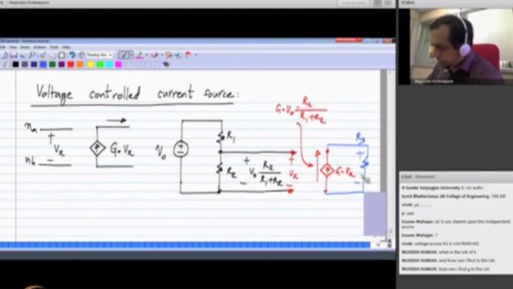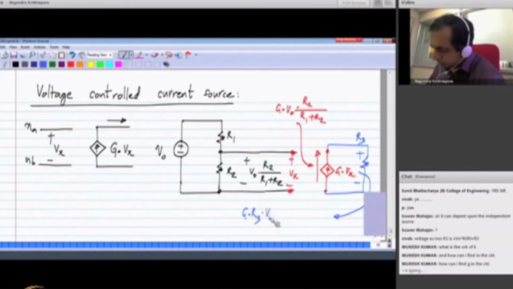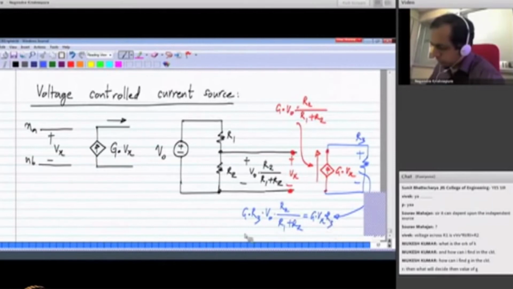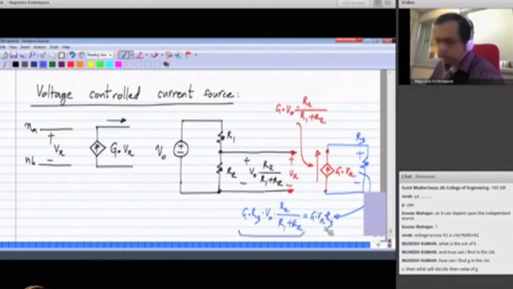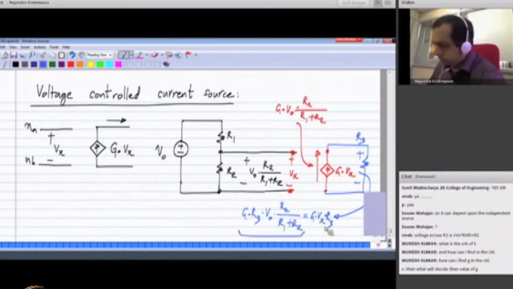What happens is that the voltage across R3 would be G times R3 times V0 R2 by R1 plus R2. Basically it is equal to G times Vx, the current source value, times R3, and that in turn equals this one. So this is what a voltage controlled current source does.